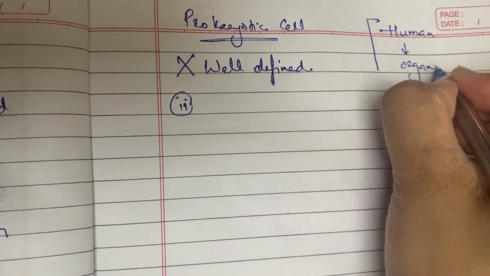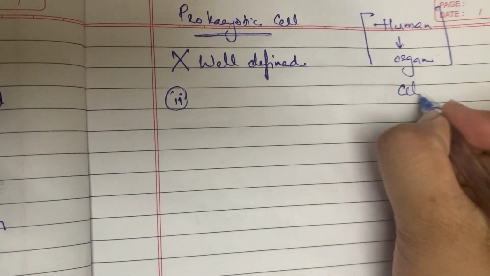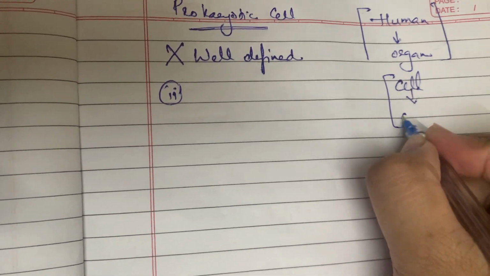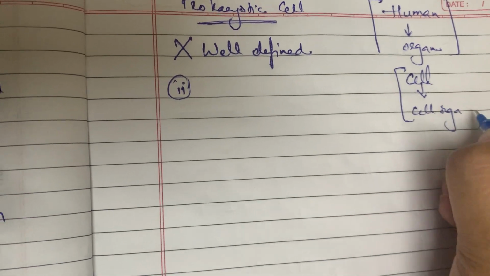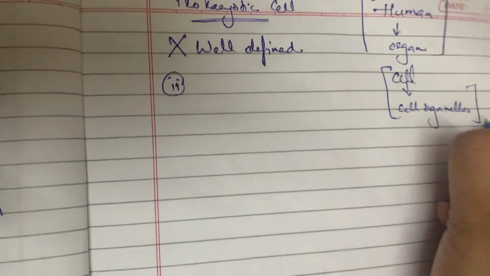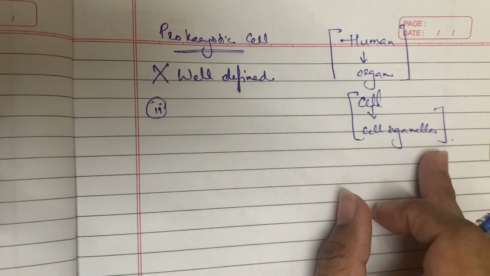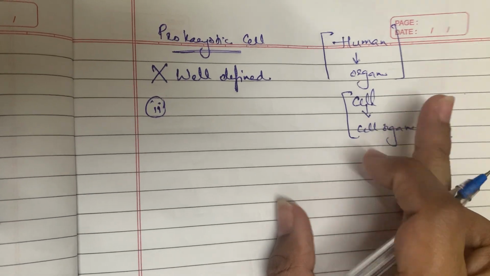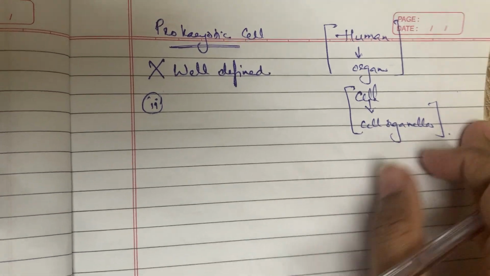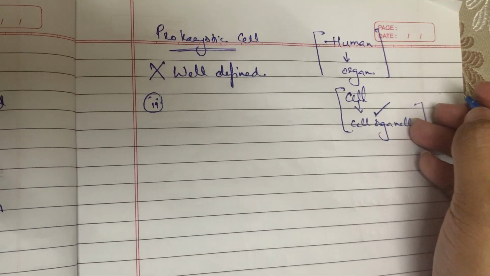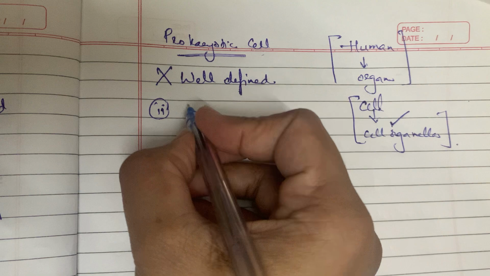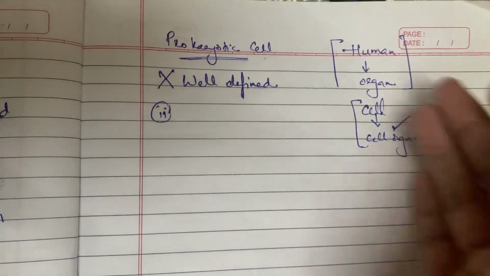Likewise, inside a cell you have cell organelles, and these cell organelles are responsible for giving energy to the cell, and for the survival and growth of the cell.